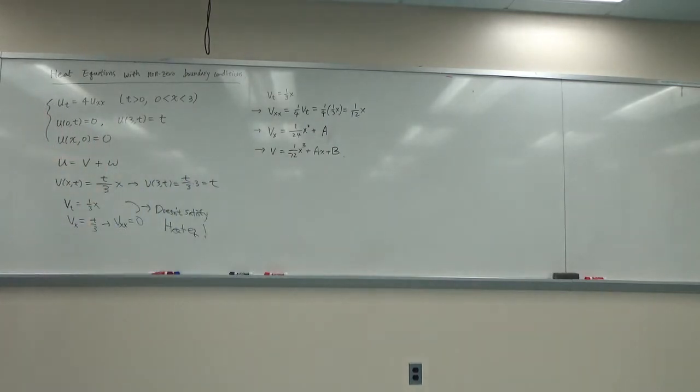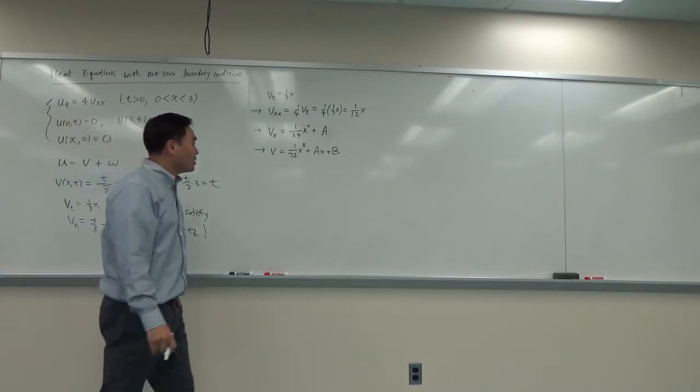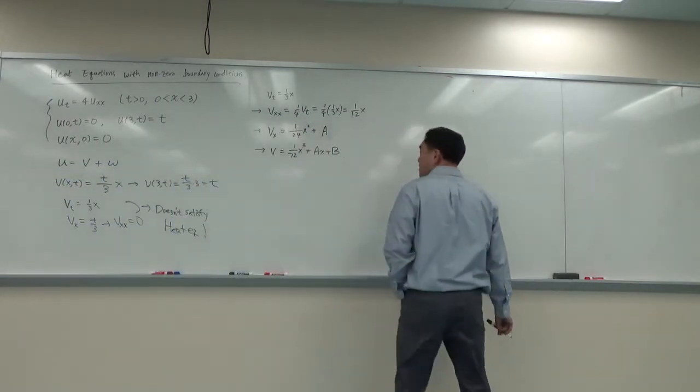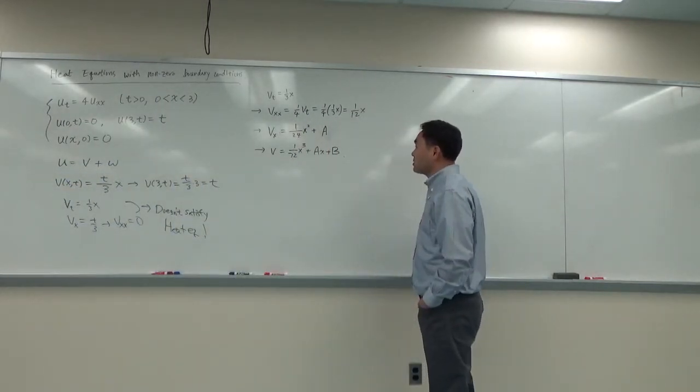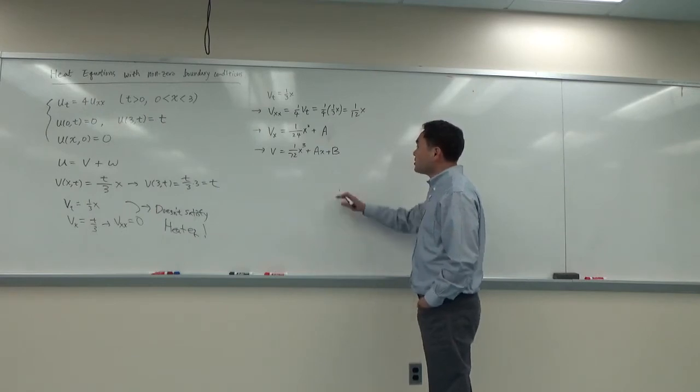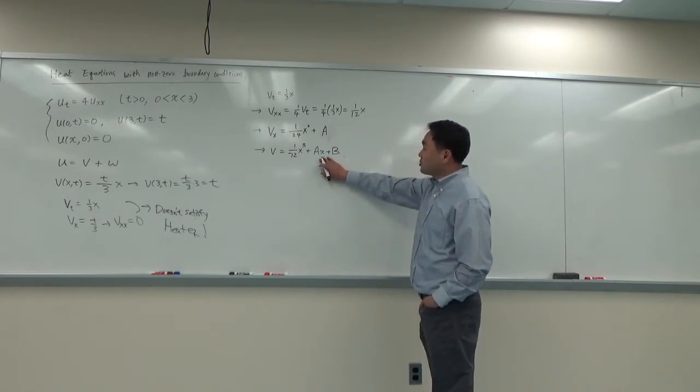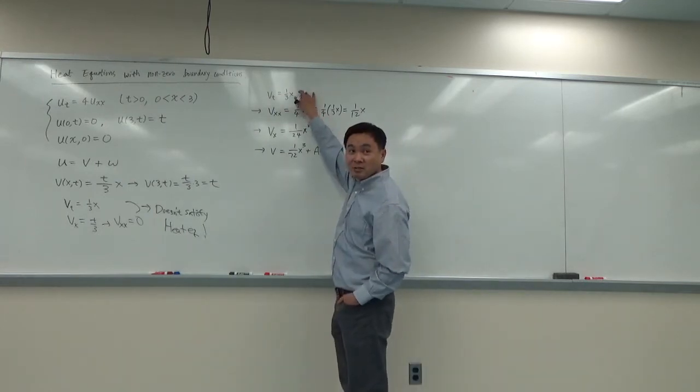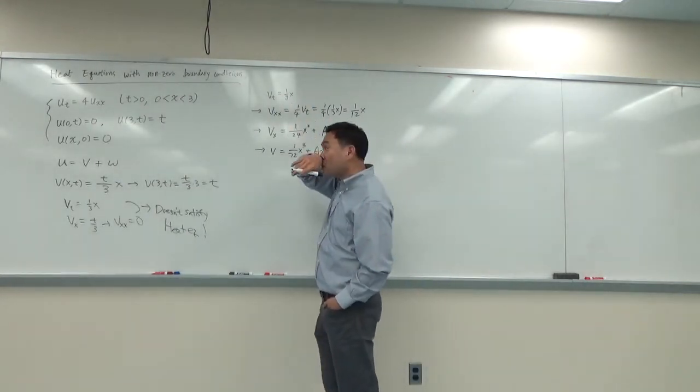Good? We did another integration. All right. So I know that if you take this one and differentiate twice and multiply by 4, it's going to give you 1/3 x. Right?